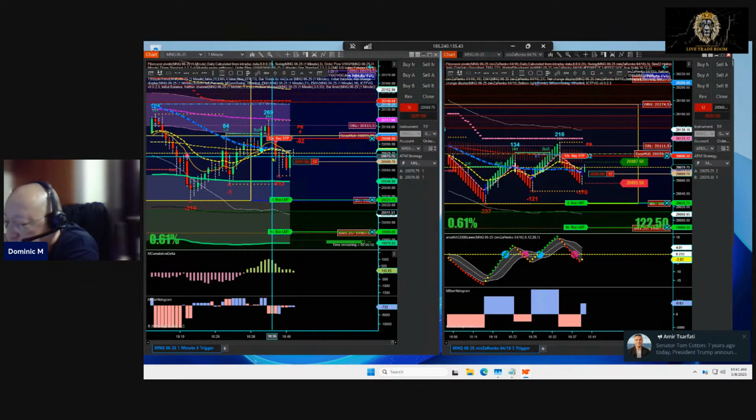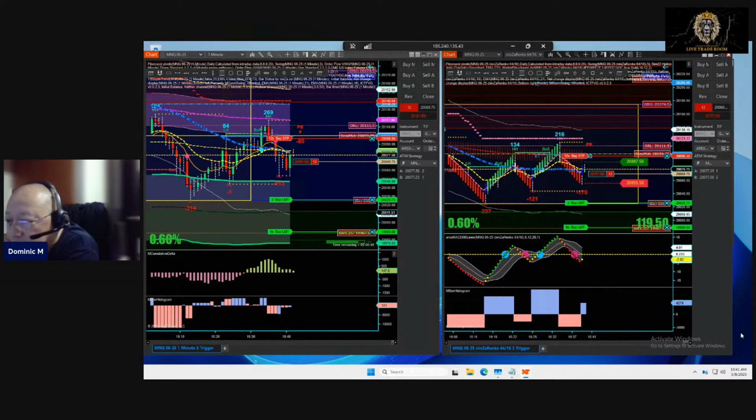So what you want to see here is basically either a reversal back down. See, we have a reversal bar to the upside here.